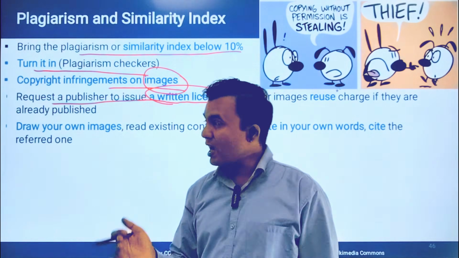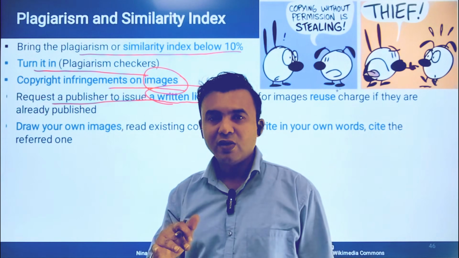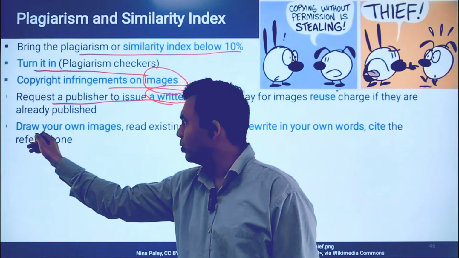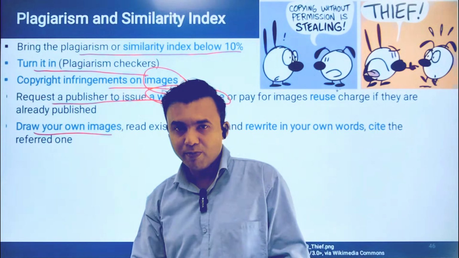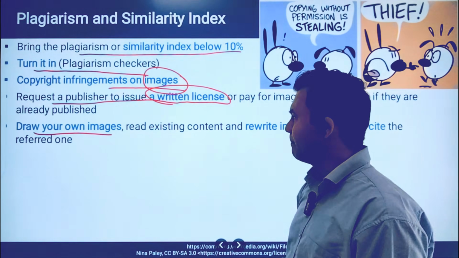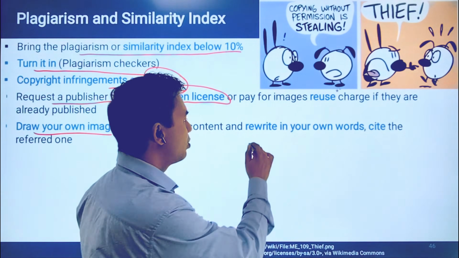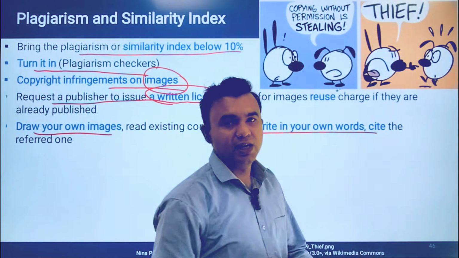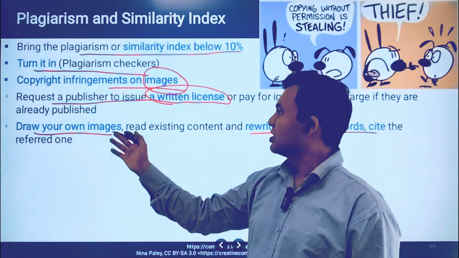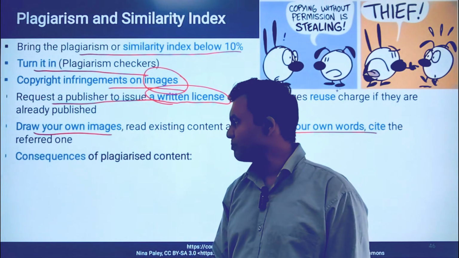Rather, what I do is I refer to the existing images or diagrams and I develop my own diagram with my own thoughts, provisions, and then we can have my own image. Write in your own words. Cite. If you want to cite that older image, you can cite that, which is absolutely fine.